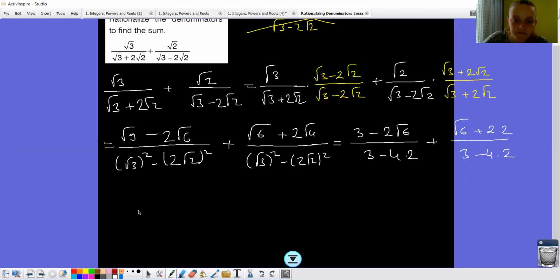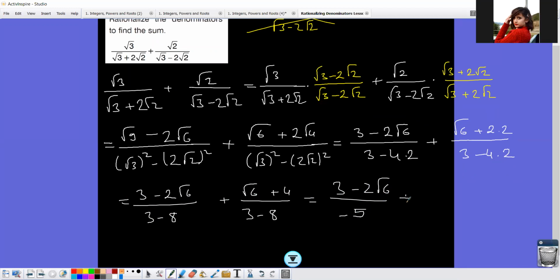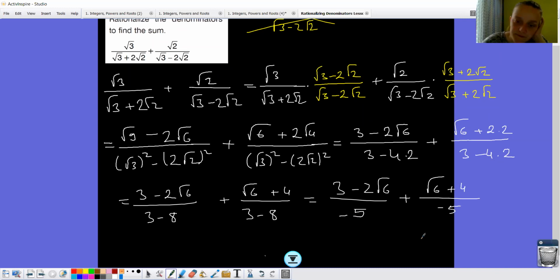Now, let's see what we have. 3 minus 2 root 6 over 3 minus 8, plus root 6 plus 4 over 3 minus 8. Then I will continue one more step: over minus 5, plus root 6 plus 4 over minus 5.